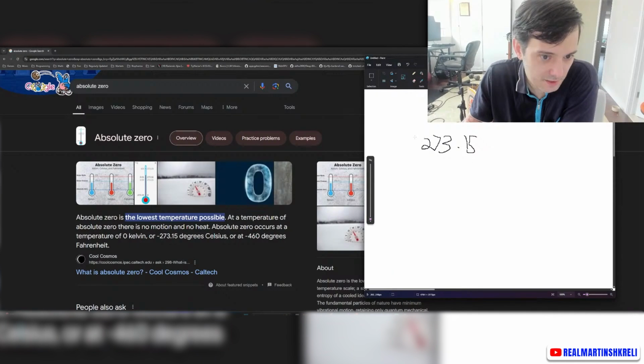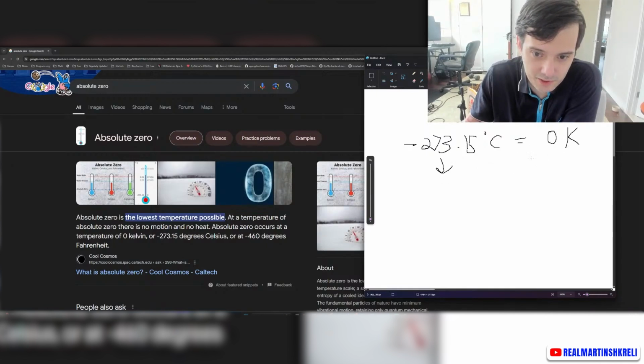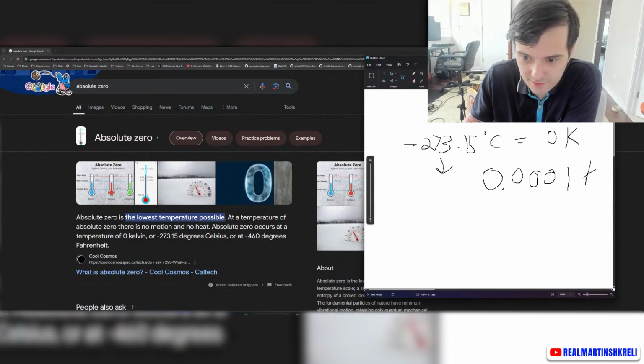Negative 273.15 degrees Celsius is 0 Kelvin. So even 1 degree higher would be way too much. So we are trying to get to 0.0001 Kelvin. And basically the more zeros we can add, the better.